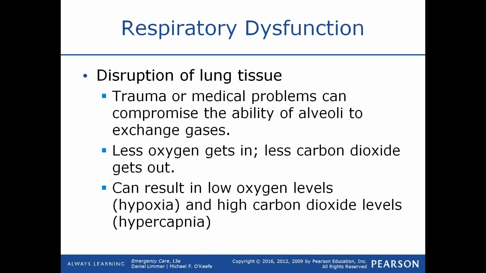Here they're talking about medical problems like asthma, chronic obstructive pulmonary disease, and then trauma to the chest wall itself, or trauma to the lung itself, as in the case of a pulmonary contusion, or a big bruise of the lung that you might see under those broken ribs.